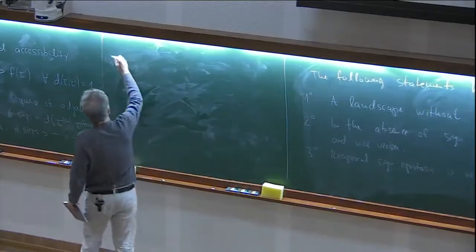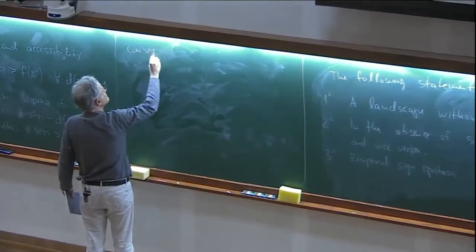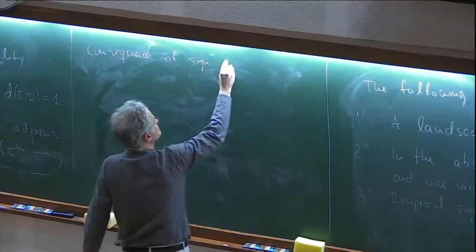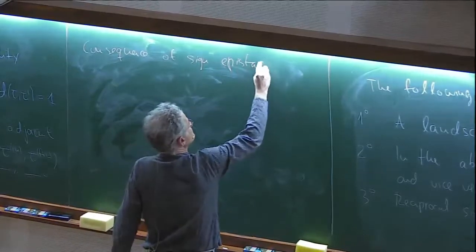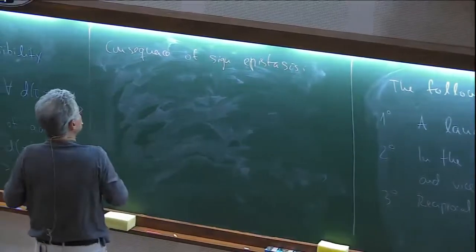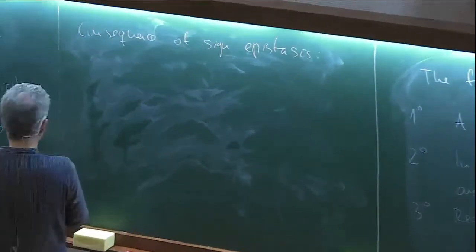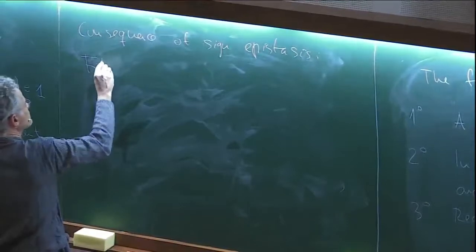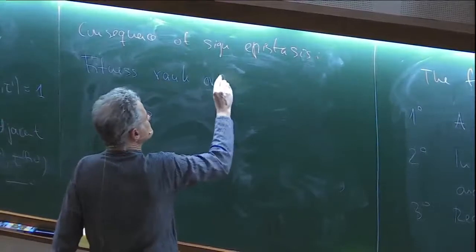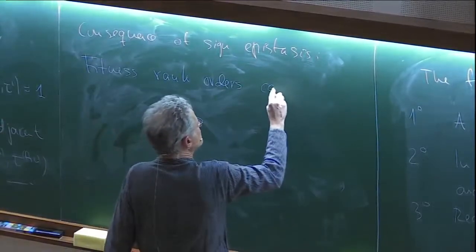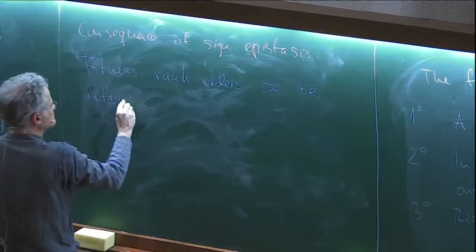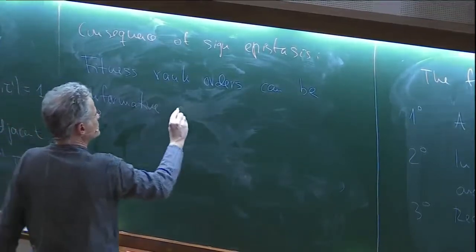So a consequence of this notion of sign epistasis is that fitness information, or fitness rank orders, can be informative about epistasis.